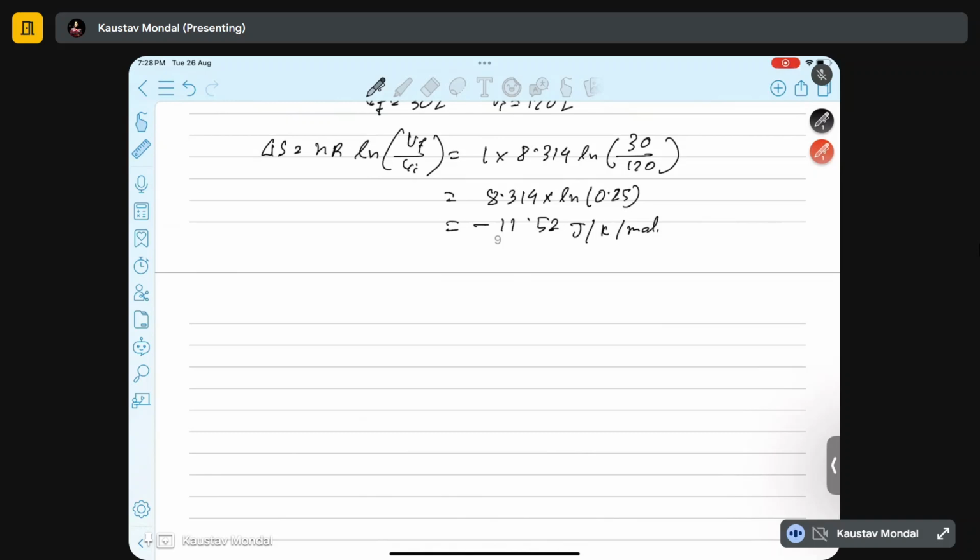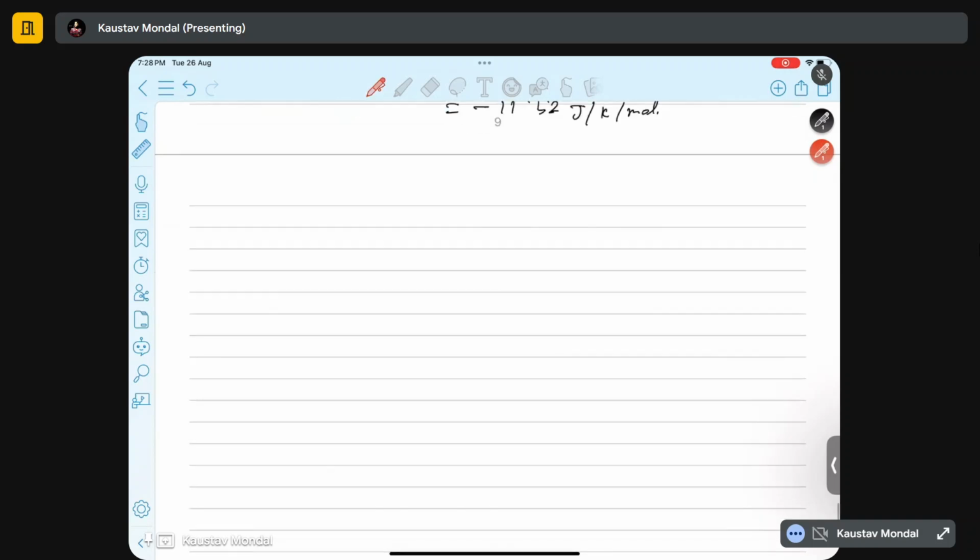Okay, so find delta S from change in temperature at constant pressure, right?